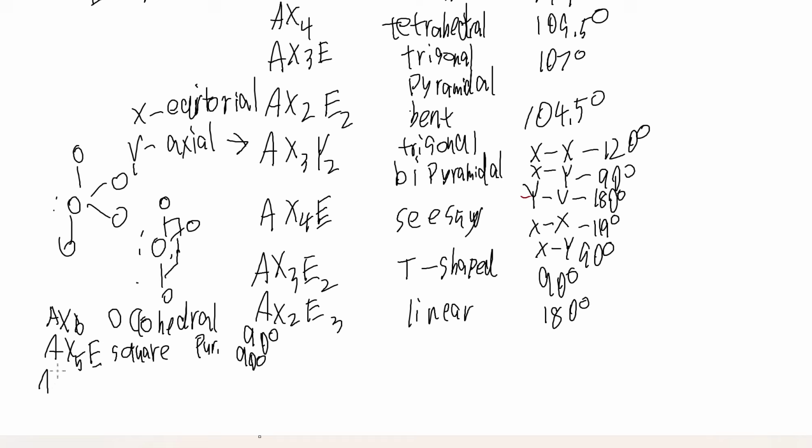And so now if you remove another axial position and add another lone pair, what you now get is square planar. 90 degrees all around once again, and this is because, yet again, you have a square plane and 2 electron pairs coming out of the plane. These are where the axial positions stood. Okay? AX3E3 is once again T-shaped, 90 degrees all around, and AX2E4, which is also derived from this, is linear.